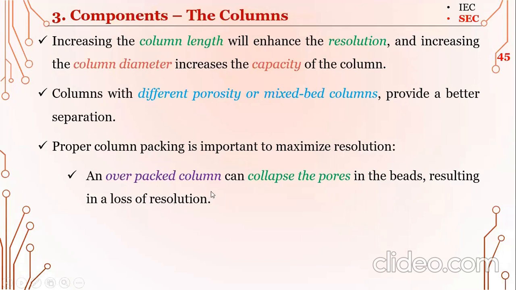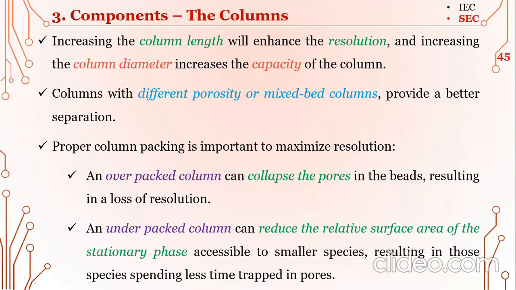But if we use an underpacked column, one that has fewer beads than required, what will happen? It will reduce the relative surface area of the stationary phase, meaning most of the space will be free from beads. The surface area accessible to smaller species is reduced, so those species spend less time trapped in pores.